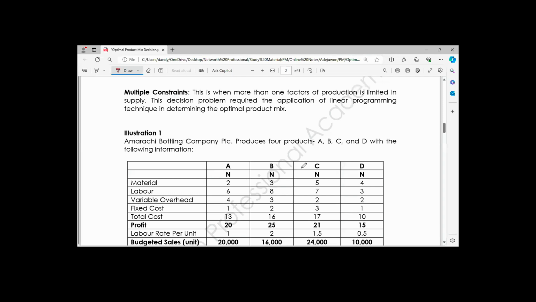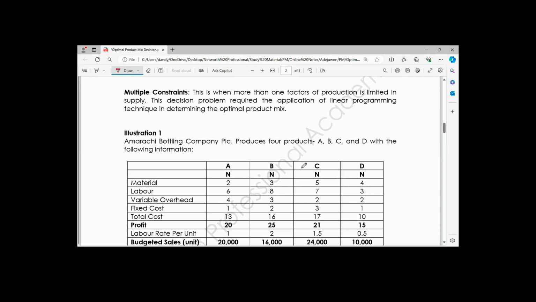There are about 7 or 9 procedures that we are going to carry out whenever you want to allocate resources under optimal product mix. However, I can also crunch it down to like 6 or 7, depending on the way you want to go about it. But in any case, let's start one by one.